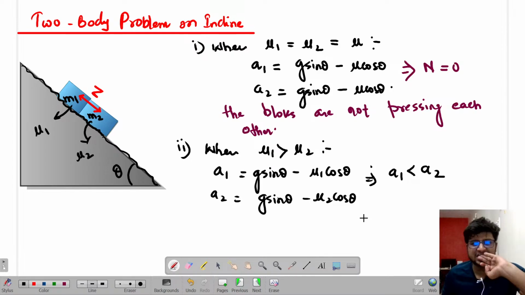Take opposite. First scenario, take opposite, mu1 less than mu2. So what will happen if mu1 is less than mu2? So acceleration, no, we were doing correct, mu1 greater than mu2. So a1 less than it. Till this, is this clear?